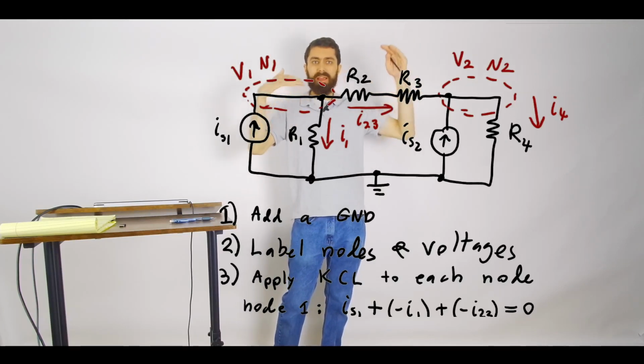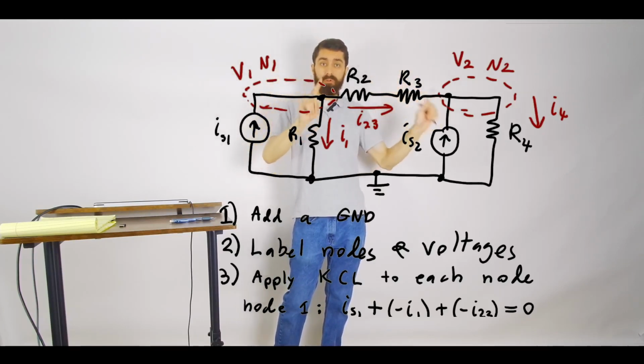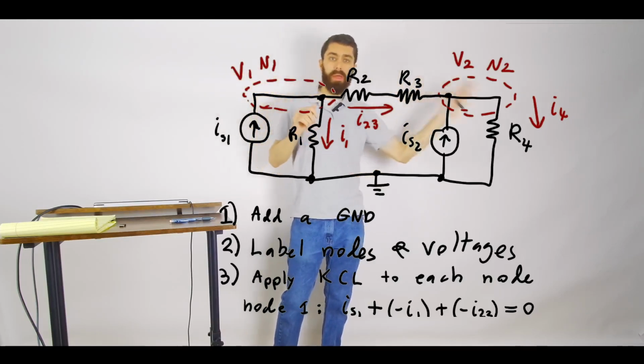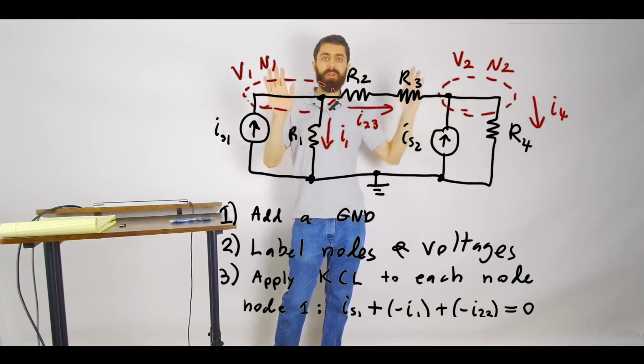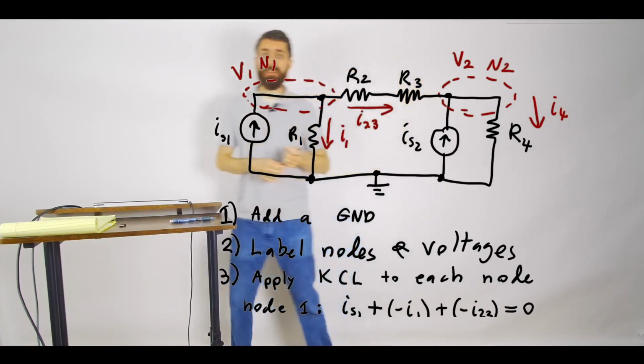Or a difference in height. So the voltage across these resistors in terms of your nodal voltages is V1 minus V2. V1 minus V2 gives you that potential difference across the resistors.